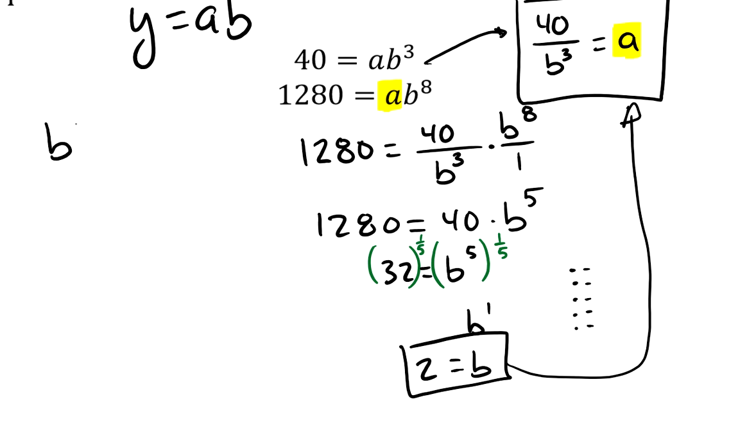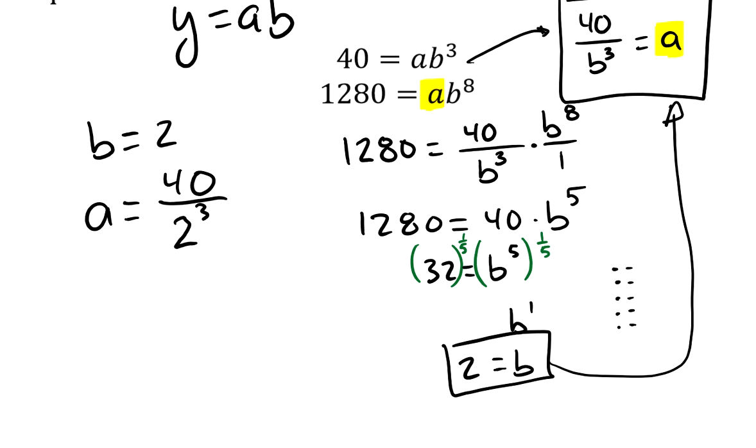So we know that b is the number 2, well, we think it is, and I think that a is the same thing as 40 divided by b to the 3rd power. So you can see I'm just cubing b. So this would look like 40 divided by 8. What? Are you kidding? So a is 40 divided by 8, which is the number 5. So I think that we've got our solution, right?